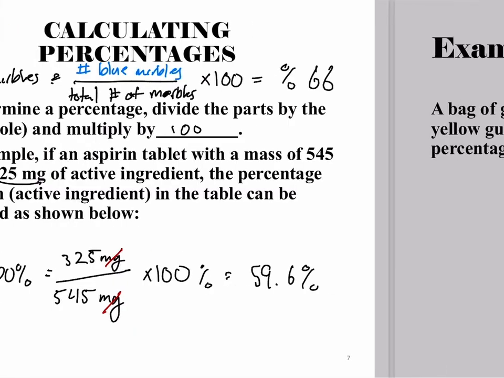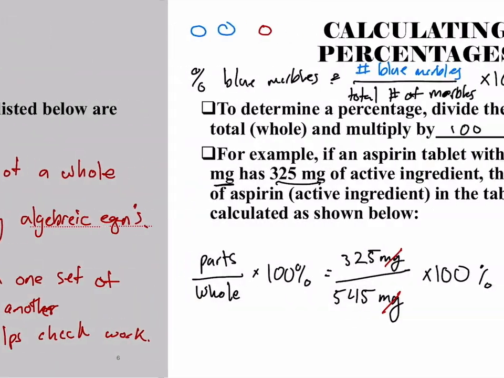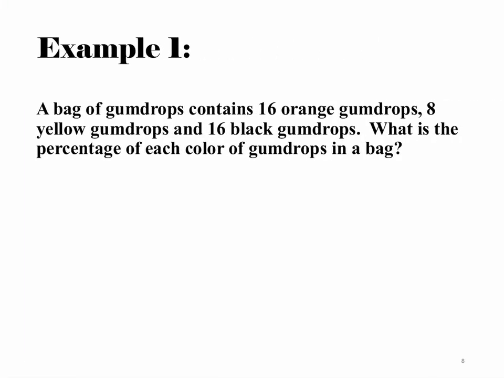No questions? Okay. All right, here's another one. We have a bag of gumdrops that contains 16 orange gumdrops, 8 yellow gumdrops, and 16 black gumdrops. This might seem like a sillier example, but this is probably more similar to what you'd actually do in the lab, right? We have a bunch of different data points, and then you need to calculate the percentage from the data points that you have.